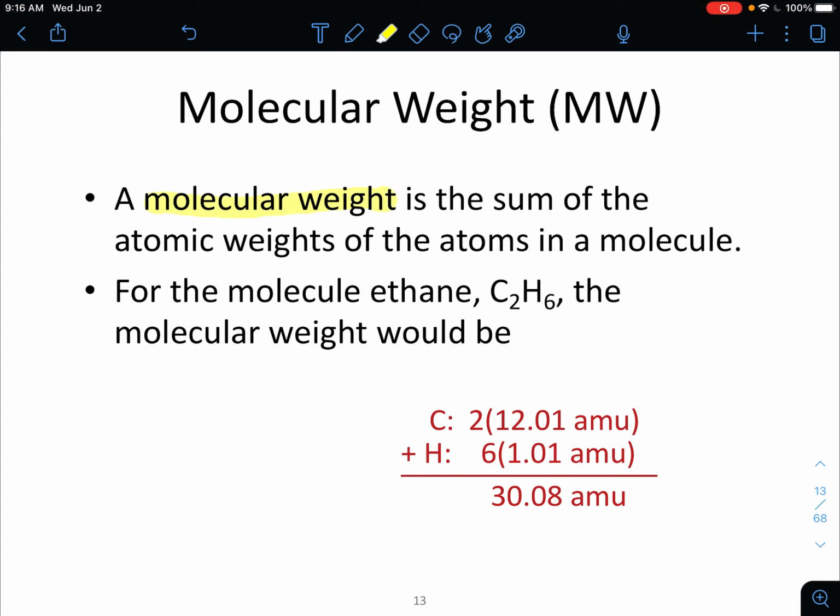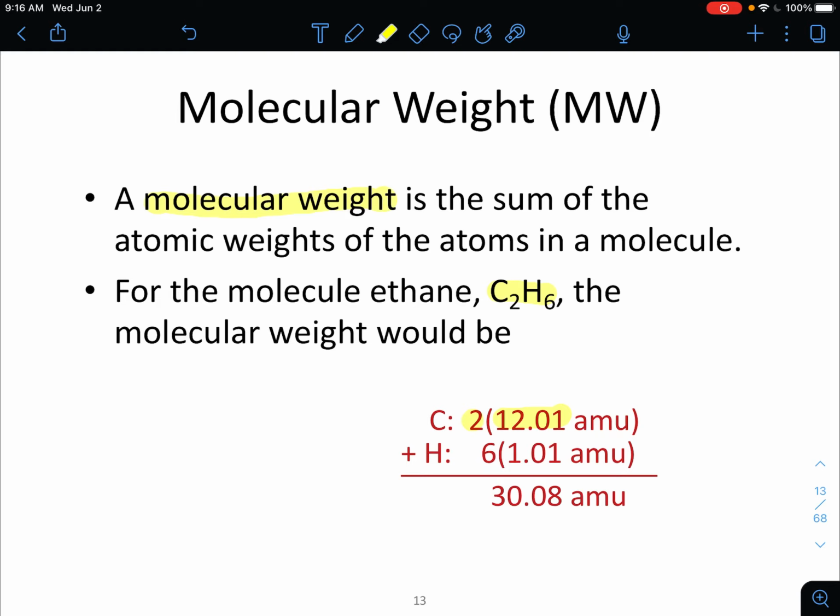So here it's asking us to figure out what the weight would be for the molecule C2H6. So pretty straightforward here, right? There's 2 carbons, each one weighs 12.01 atomic mass units. This one is because I think 99% of carbon is carbon 12 and 1% is carbon 13, plus a couple other things.